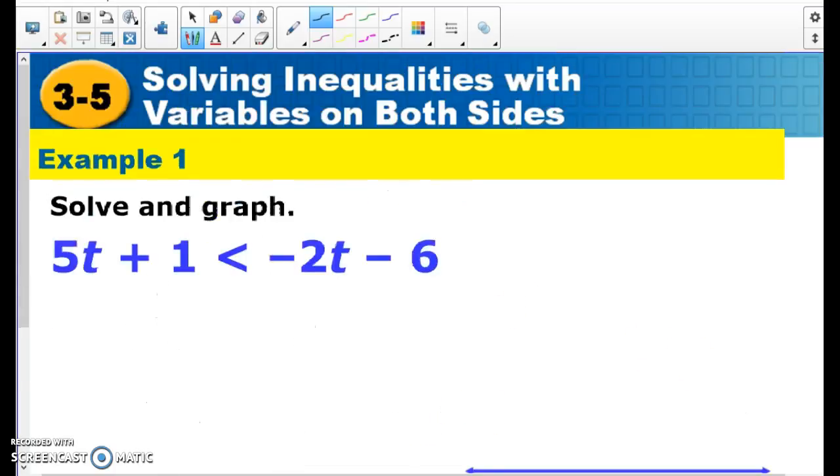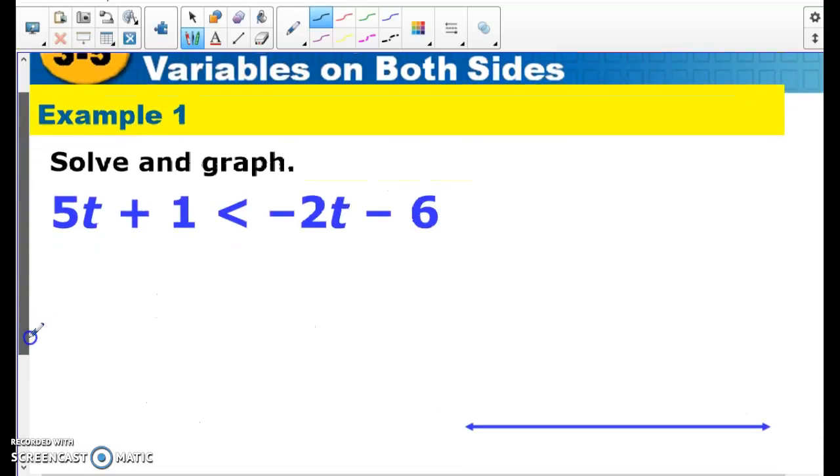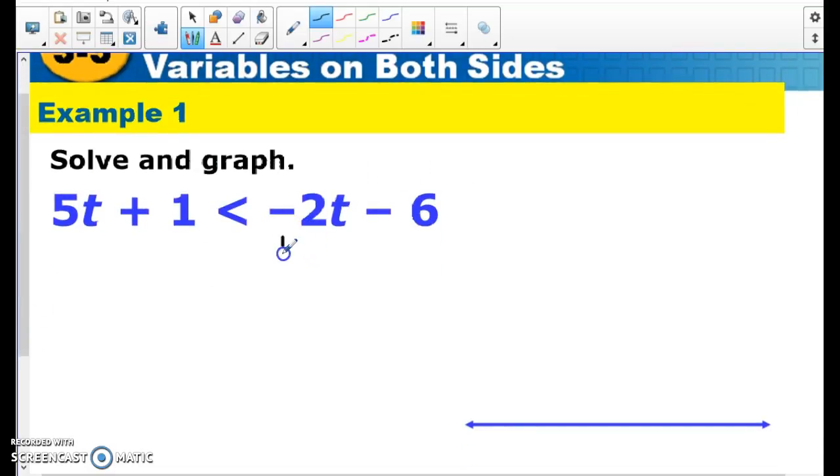Graphing doesn't change. Alright, same thing here. So it says a minus 2t, I'm going to add 2t. So step 1, getting my variables together. So I'm going to end up with 7t. Step 2, get my numbers together. So it says plus 1, I'm going to subtract 1.